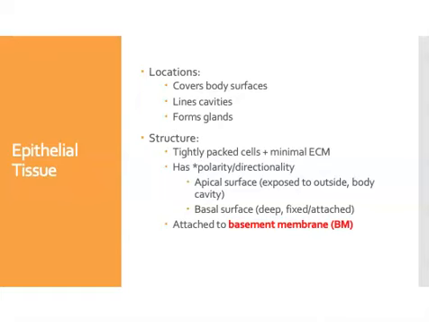The other thing to know about epithelial tissue is that on its basal surface, it's attached to a structure called a basement membrane. So epithelial tissue has an anchored basal surface.